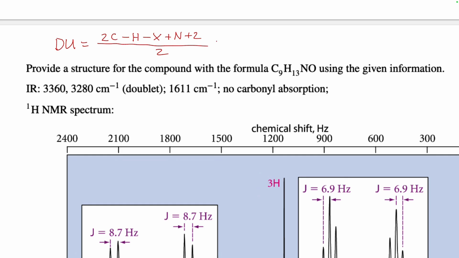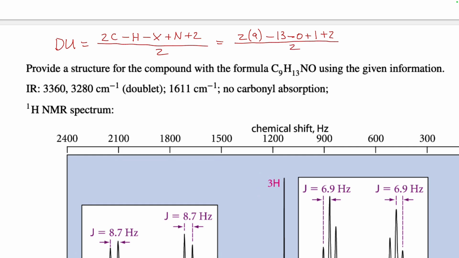So when we plug this in, we're getting 2 times the number of carbons, 2 times 9, minus the number of hydrogens, 13. We don't have any halogens, so we're not going to take anything away there, but we do have a nitrogen, so there's 1 nitrogen, plus 2. And for the equation, you ignore oxygens and sulfurs.